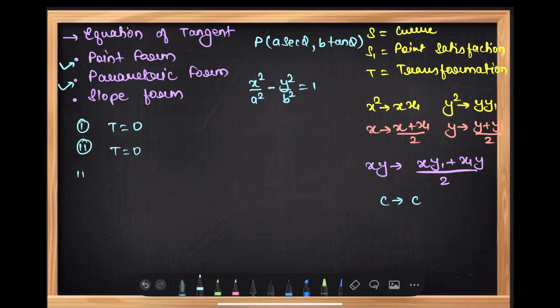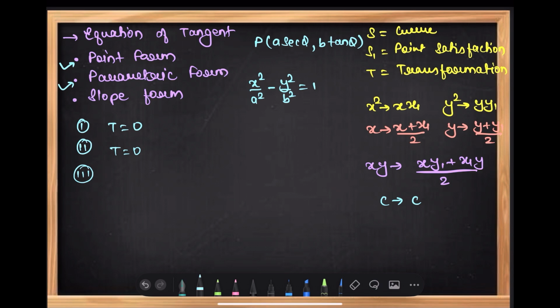I hope till this part you guys are okay. Now think about the third situation, when they will give you slope. They will already give you the slope, and then they will ask you to write down equation of tangent. So under those cases, how will you respond? So just ignore the slope for time being and follow parametric form.